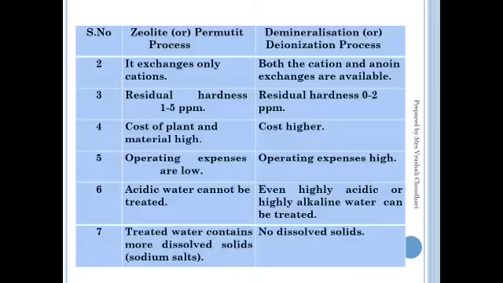Difference between the zeolite process and the ion exchange or demineralization process. In the zeolite process, only cations get exchanged, while in the ion exchange process, both cations and anions get exchanged. The residual hardness obtained from zeolite is 1 to 5 ppm, while ion exchange will give you hardness of 0 to 2 ppm.